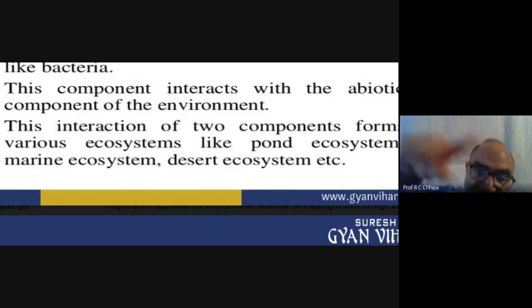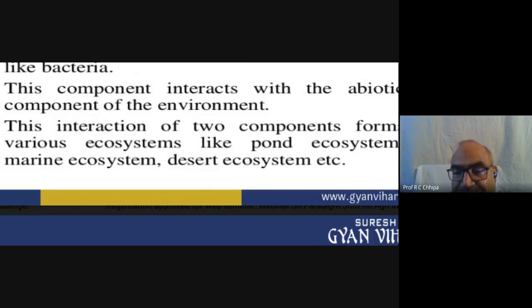Though they form a system, for example, in the case of the pond, the pond contains water, aquatic animals, aquatic plants, different algae, different fungi, and different microorganisms, even bigger and smaller fishes. So that is the pond ecosystem. In the pond ecosystem, abiotic as well as biotic components both interact to form a system, and then they form the pond ecosystem.